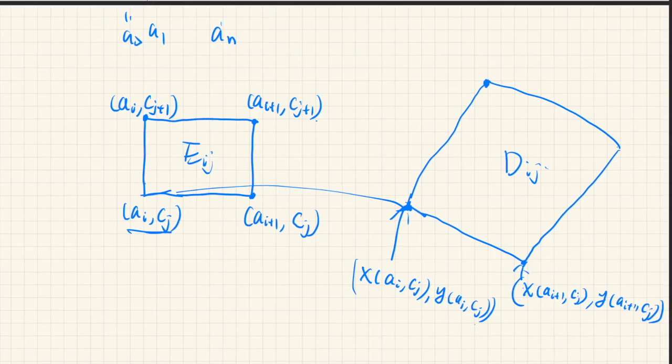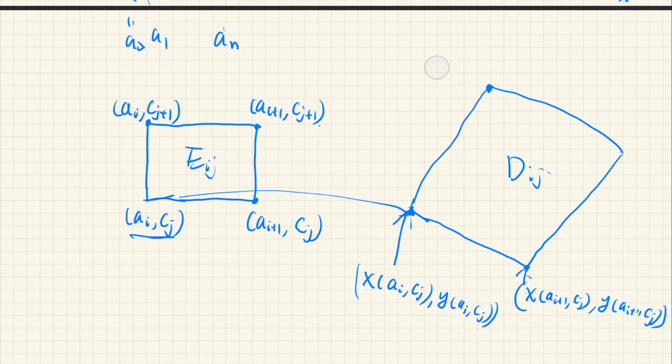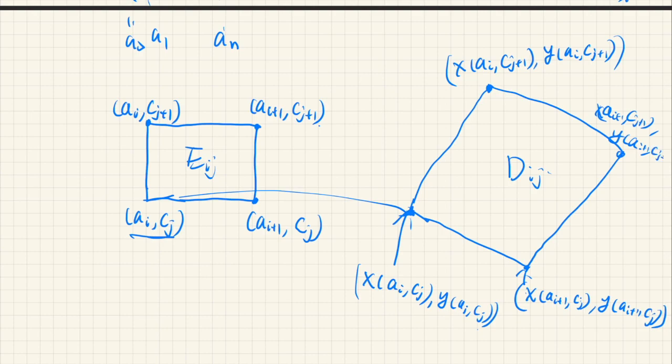And same for this one: x of AI, CJ plus 1 and y of AI, CJ plus 1. And this one: x of AI plus 1, CJ plus 1, and y of AI plus 1, CJ plus 1.